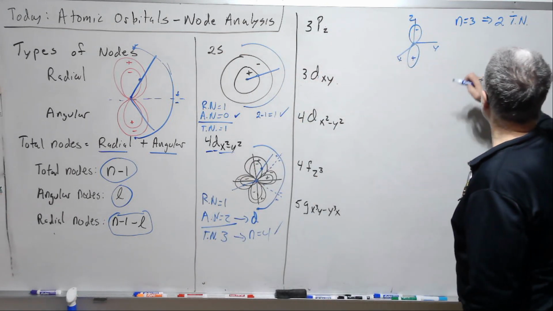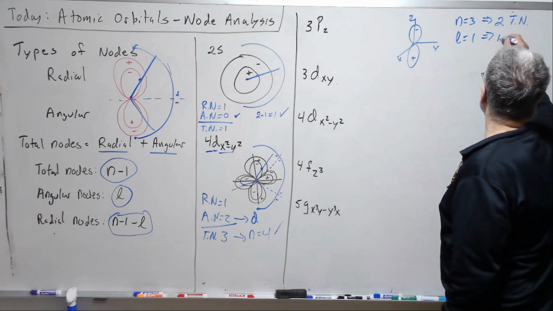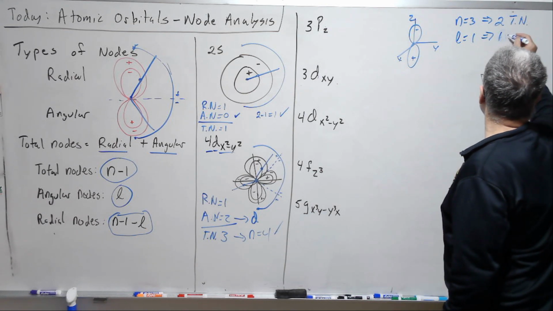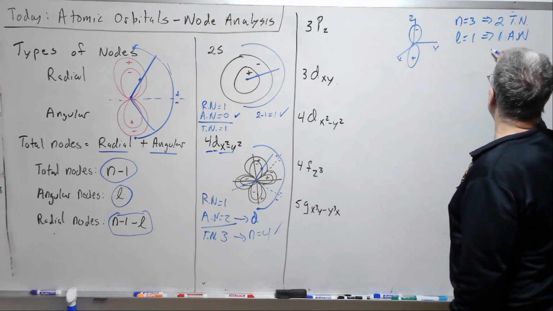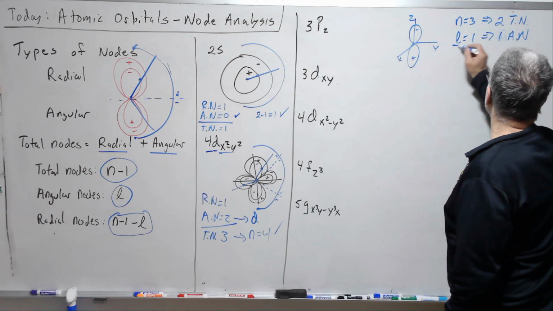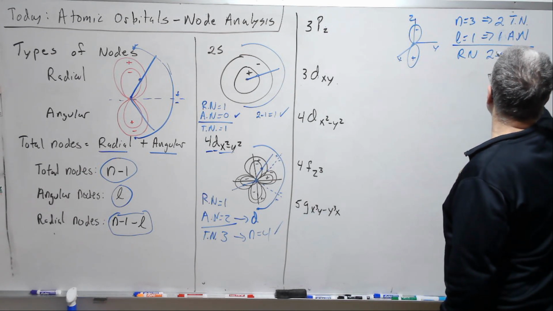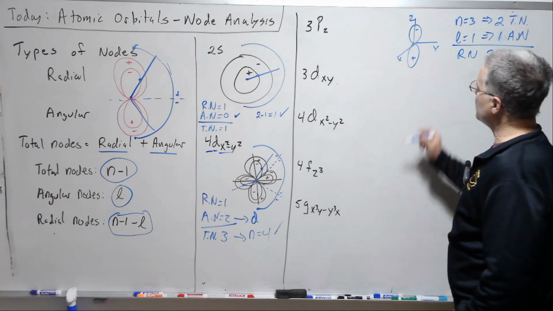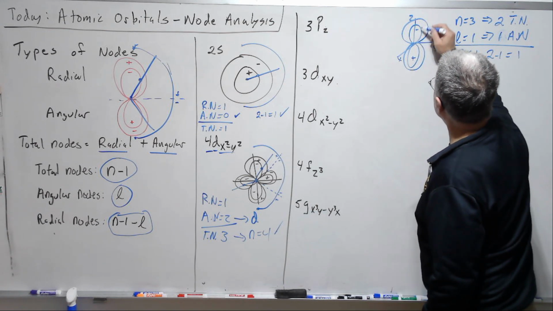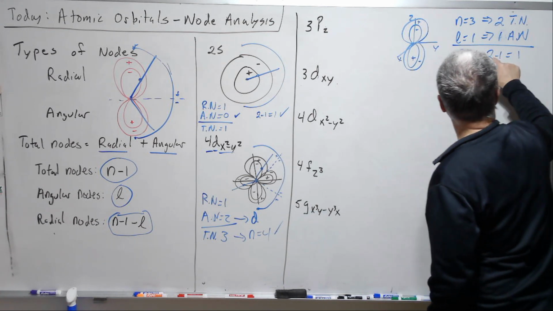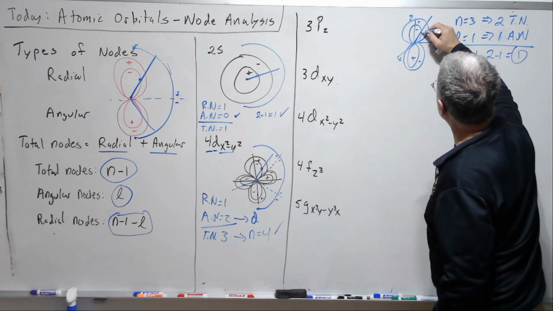Let's see if we can draw the picture. L equals 1. So that's 1 angular node. So we have the dumbbell. And then radial nodes then are 2 minus 1 equals 1 radial node, which we don't have here yet. So we have to add in a concentric figure. So we add in as many concentric figures as we get radial nodes.